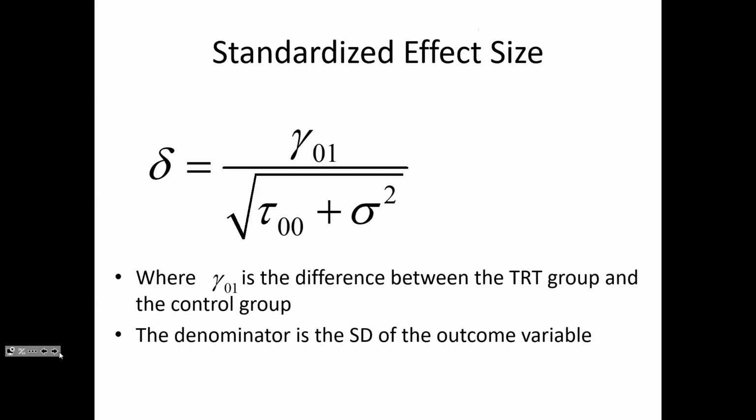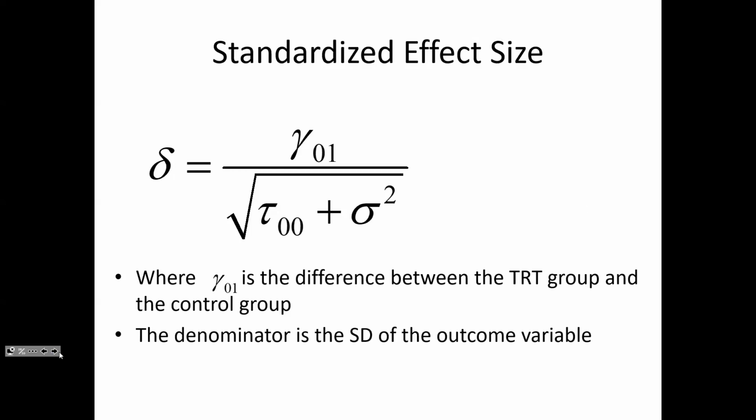Okay, how do we get a standardized estimate of the effect size for a multi-level model? We just take our gamma naught 1, which is the difference between the treatment group and the control group. This is like a Cohen's d kind of thing. The denominator is just the standard deviation of the outcome variable.